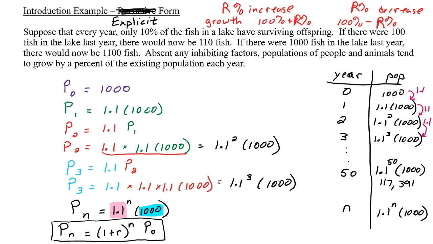We could do that. Let little r be the decimal for capital R percent. So if capital R percent is 10%, then little r would be 0.1. So we want that in decimal form.